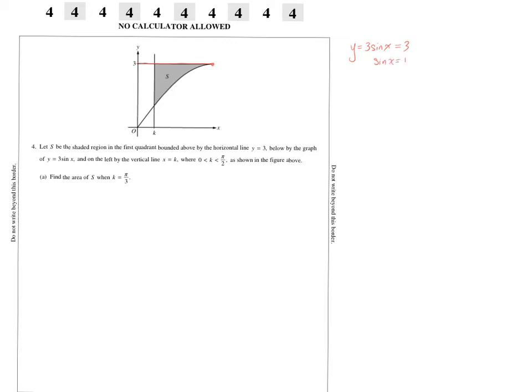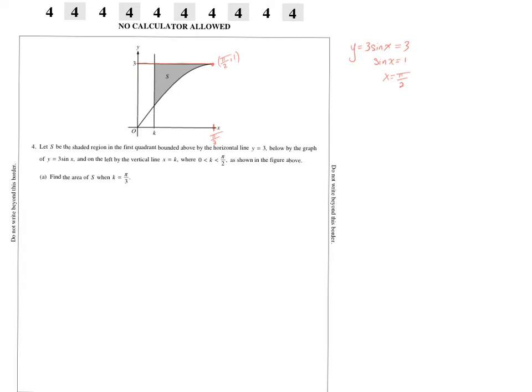You just need to know your circle to know that sine of x equals 1 when x is pi over 2. So this is the point pi over 2, comma 1. Now it makes sense why they told us that k had to be less than pi over 2, because that's where that intersection occurs.